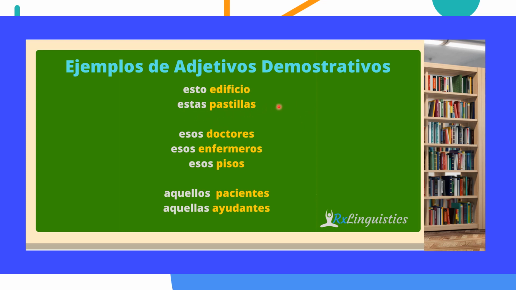Estas pastillas means these pills. Okay, so here we are denoting nearness. Este edificio, that means near you. It's this, it's here. Okay. Esos refers to something not so near, there.